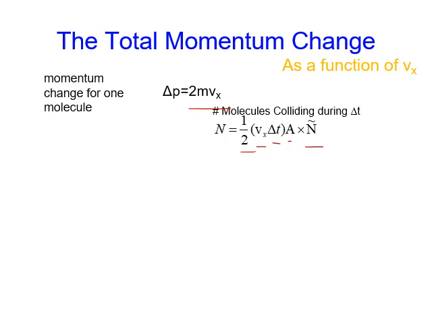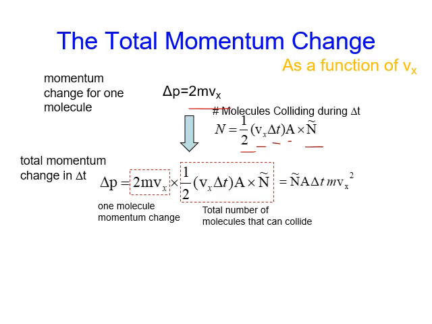Therefore, the total momentum change is just the product of 2mvx times the total number of molecules that collide with the wall. So the 2 will cancel, and vx becomes squared. And you have the number density, the area, the time interval, and the mass of one molecule. This is the total momentum change in the time interval.